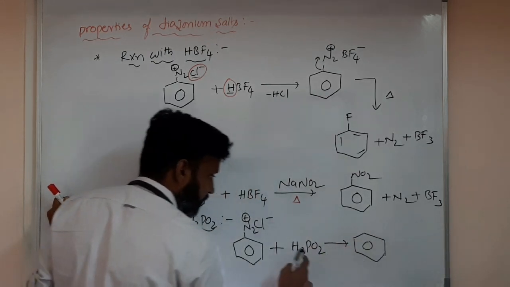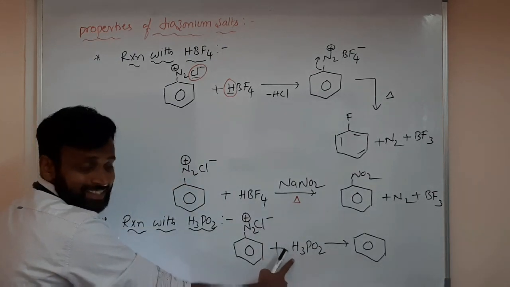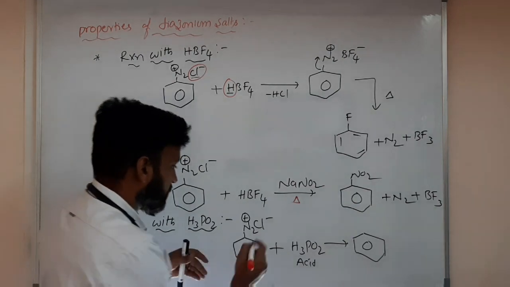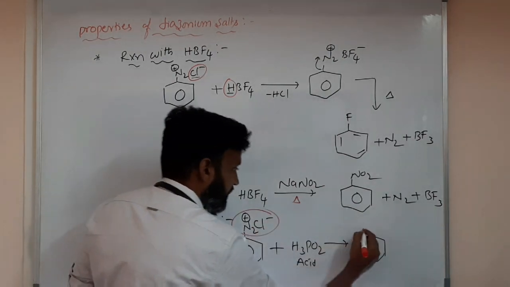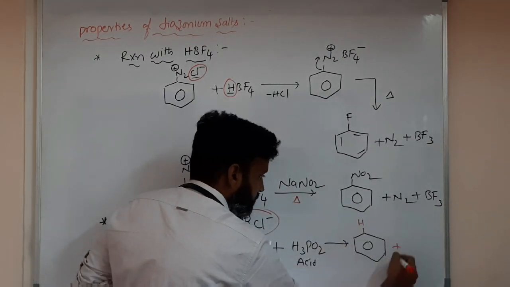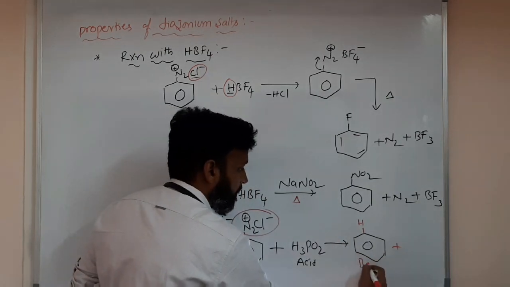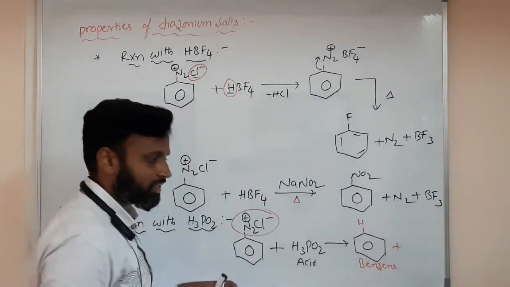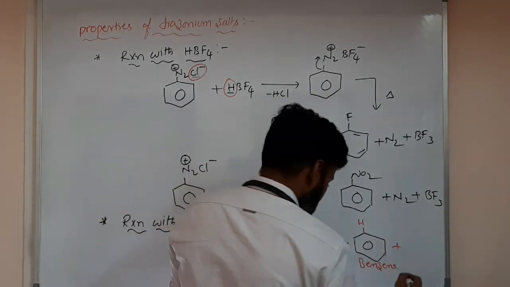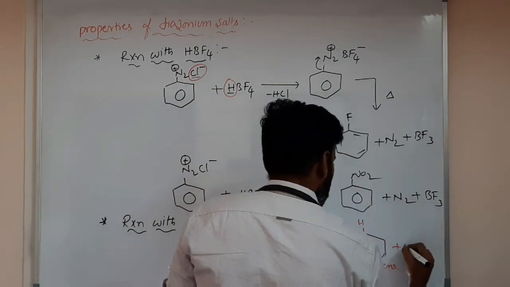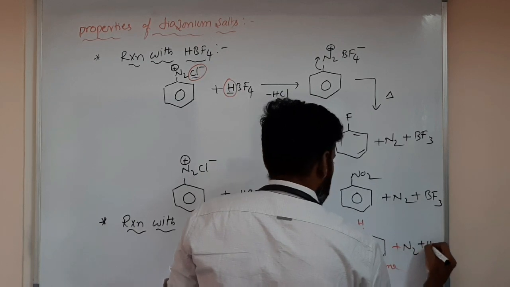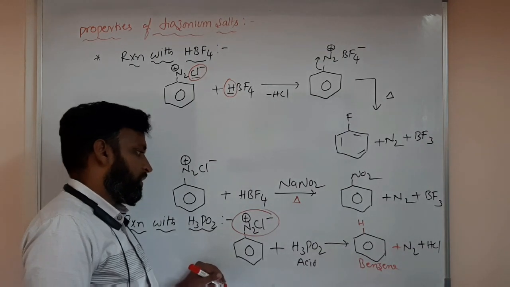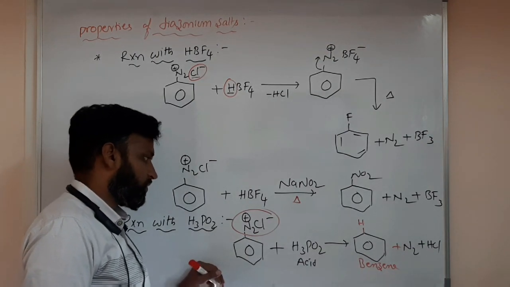This acid donates a proton, that's it. Here this whole portion is removed and replaced by H. That means benzene is the product. Along with that you have N2, plus HCl and the remainder.